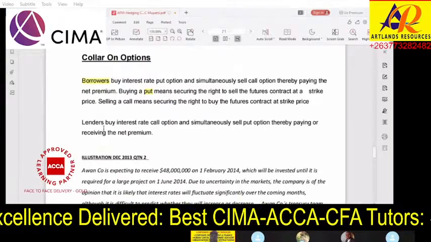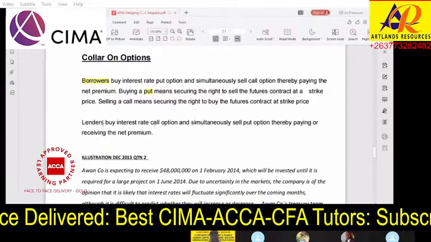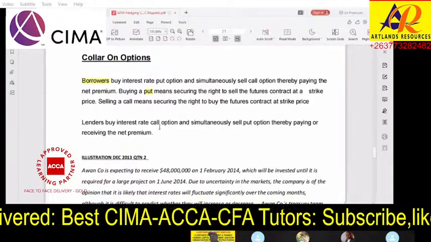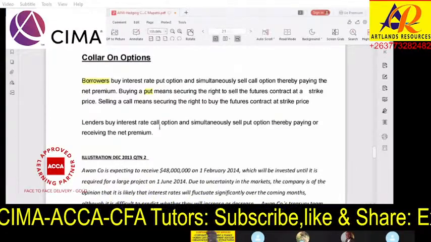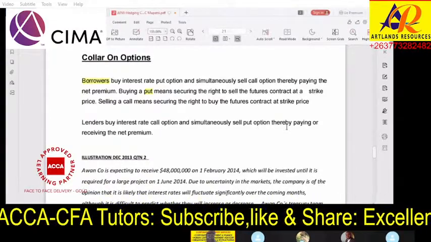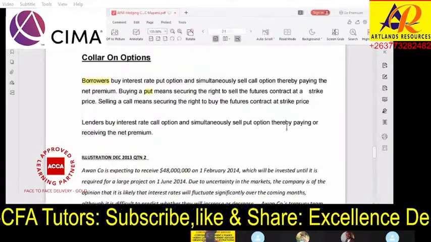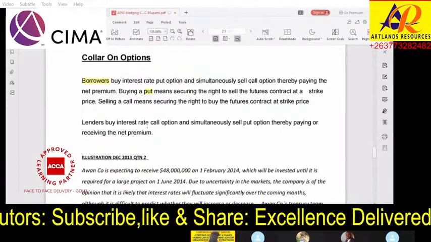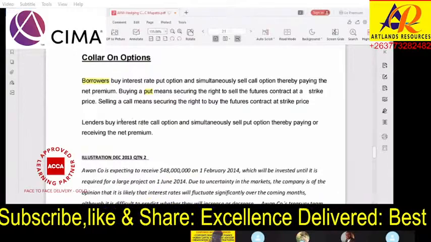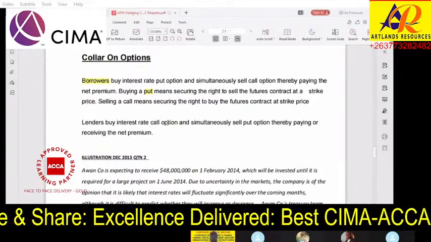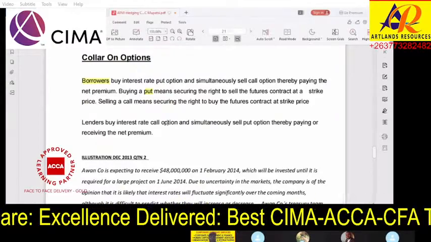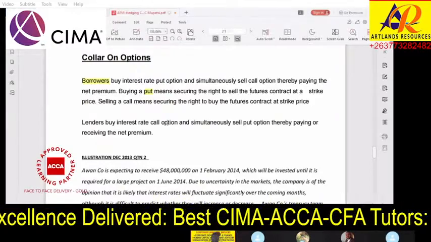And if it's lenders, it's equally the opposite. We say lenders buy an interest rate call. That's what they normally do. You start with a call if you are a lender, but you simultaneously sell a put, thereby paying or receiving the net premium. So what do I mean by buy an interest rate call? I'm simply saying securing the right to buy futures contracts at an option strike price.